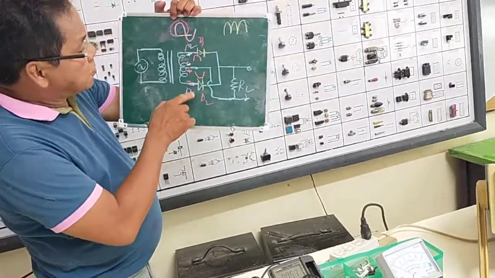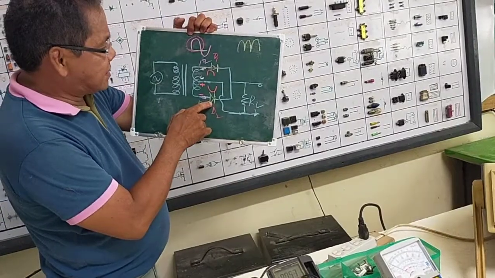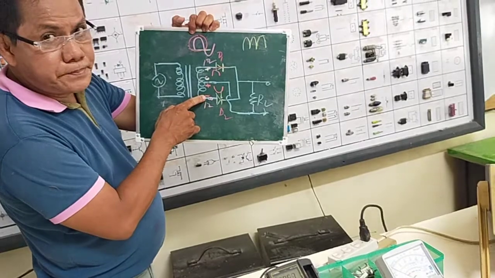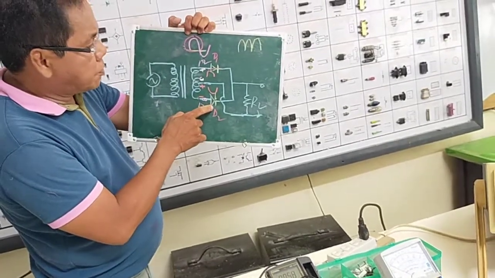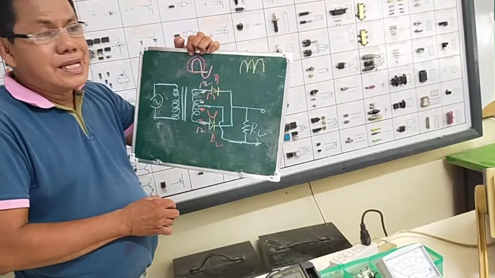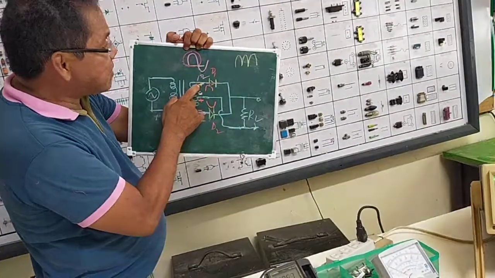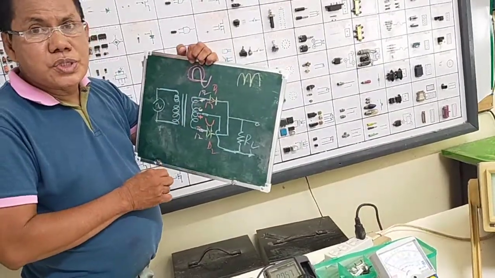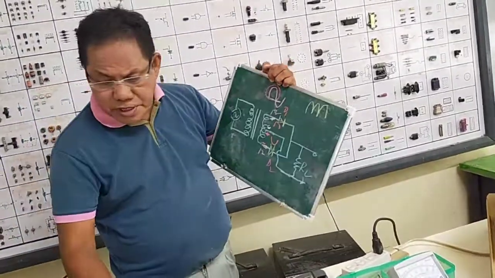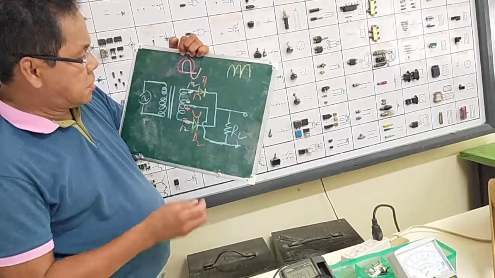The other diode is reverse bias because the secondary voltage polarity is negative. Then this one is anode. It is reverse bias. It is open. Whereas this one, anode, then positive, it is closed. It is forward bias.